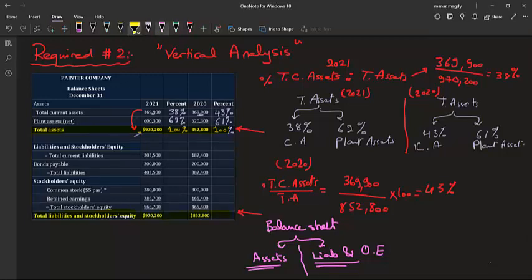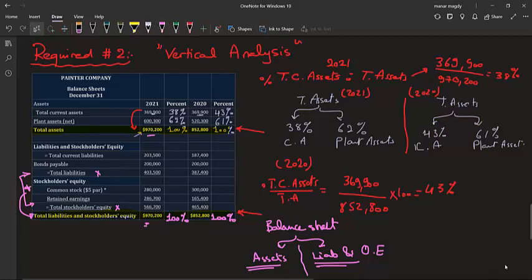So where is our 100%? Our 100% is right here. Not only the total liabilities and not only the total stockholders' equity. Actually, it is the summation of both of them that gives you the total. The total liabilities and stockholders' equity is equal to the total assets because it is the balance sheet. It is balanced.